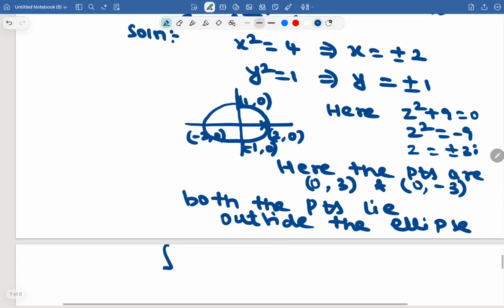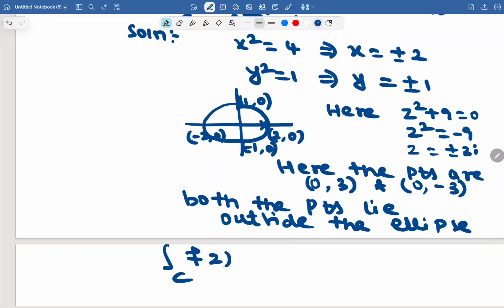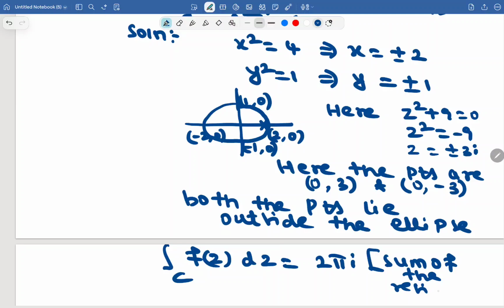By Cauchy residue theorem, integral over C f of z dz is nothing but 2 pi i into sum of the residues.